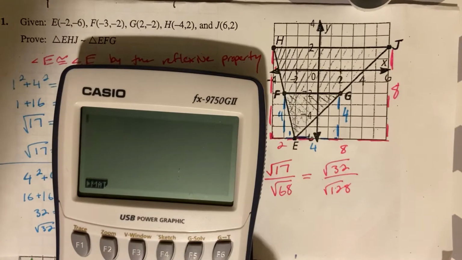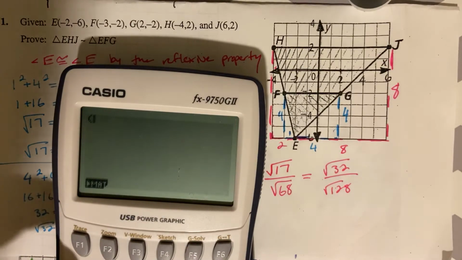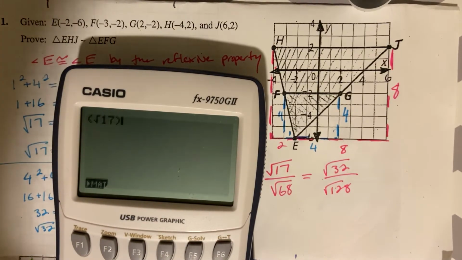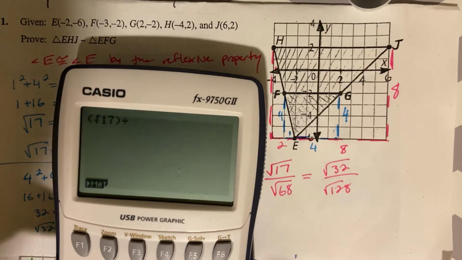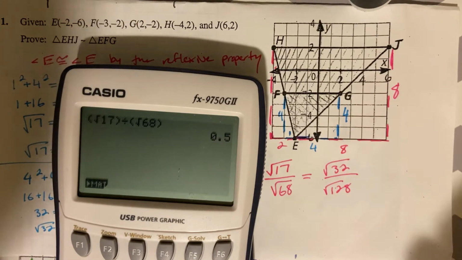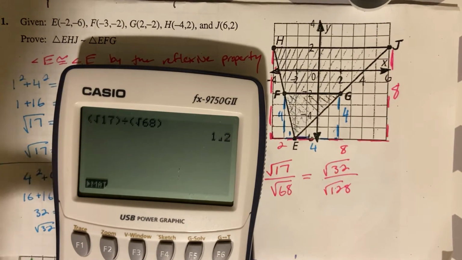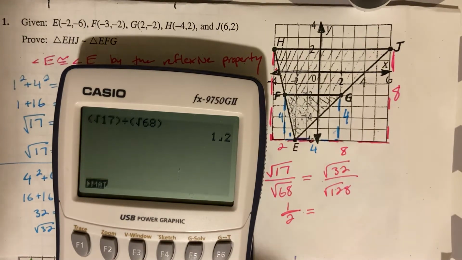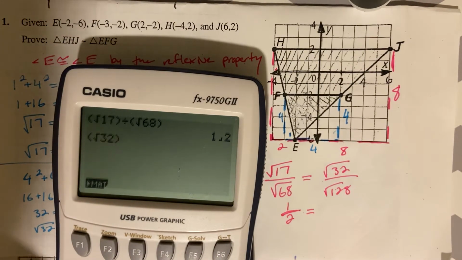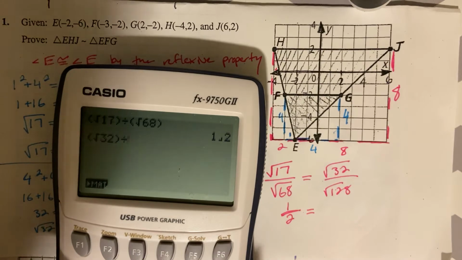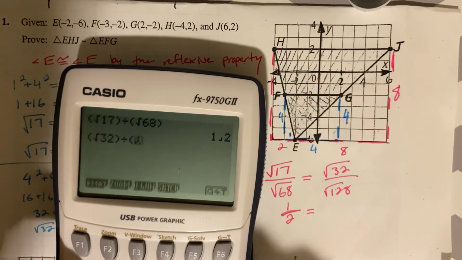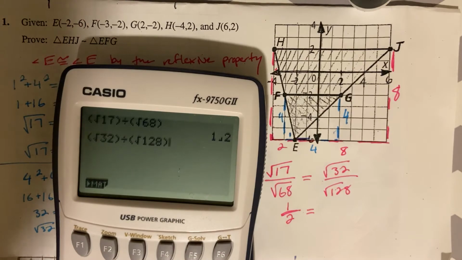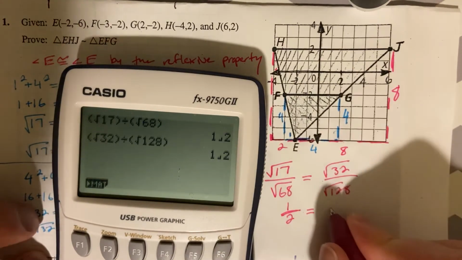The square root of 17 divided by the square root of 68 is 0.5, or 1 over 2, a half. And then this one should show me the same thing because we know that these are proportional. We know these are similar. We're just proving it. And yes, you see it's the same.